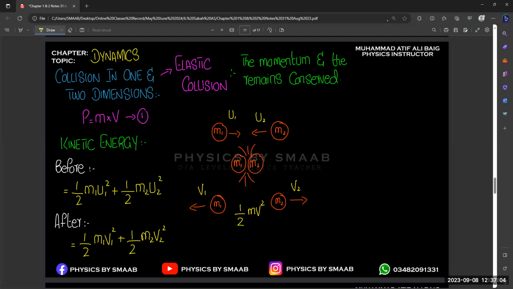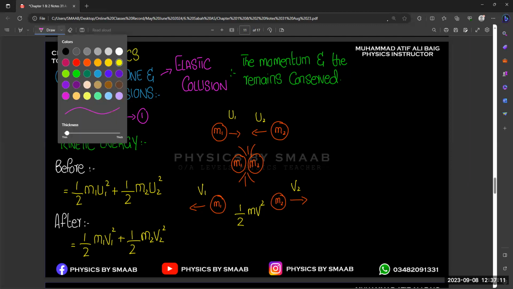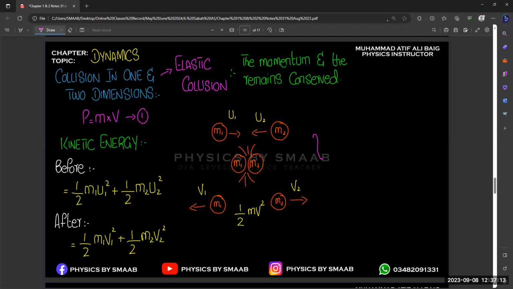We consider this whole procedure in an isolated system, so there are no external forces acting on them. Also, inelastic collision is when they stick together and do not move in the opposite direction, right? They go in the direction of the one which has more momentum, or more energy, or more speed.